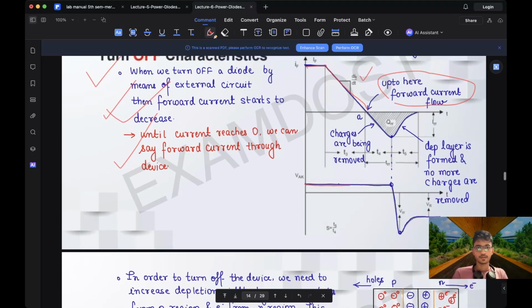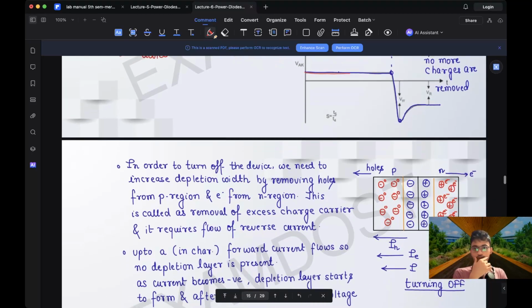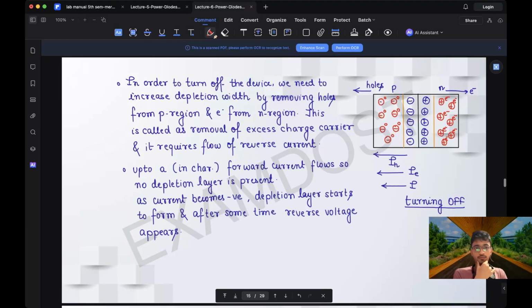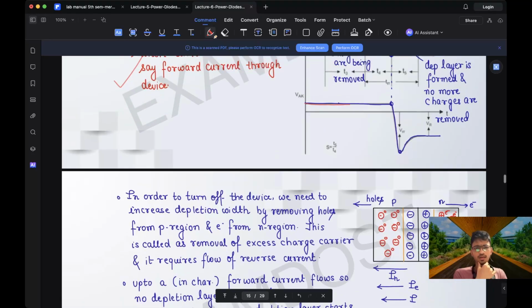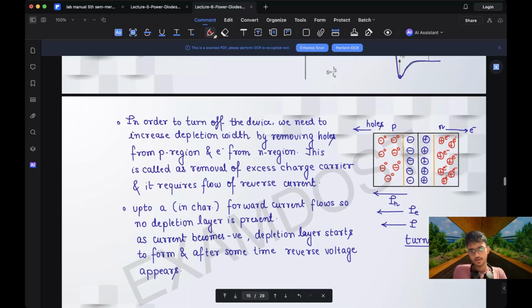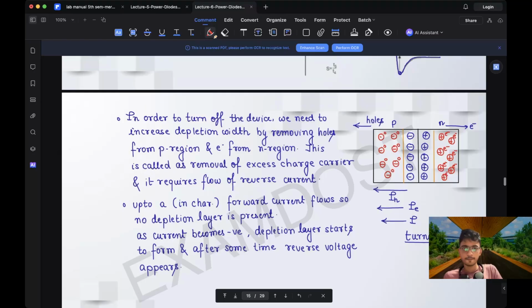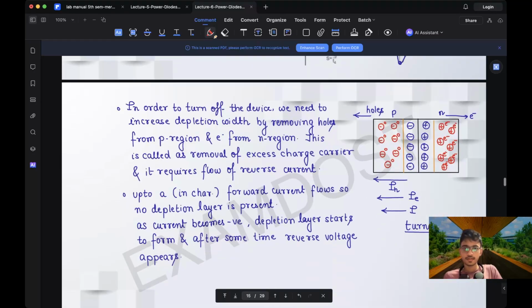Then in order to turn off the device, we need to increase depletion width by removing holes from the p side and electrons from the n side. This is called removal of excess charge carriers, and it requires flow of reverse current. While forward current flows, no depletion layer is present.